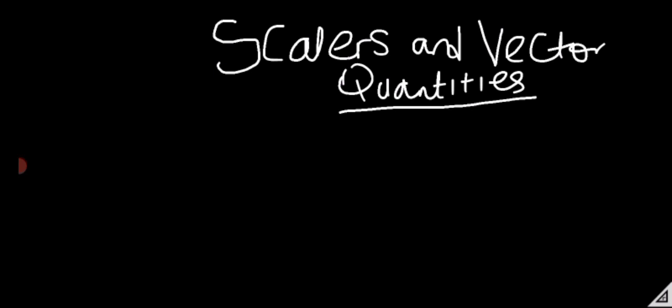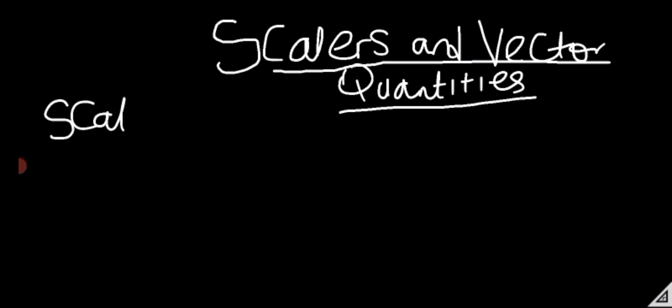So I would like you to understand that in physics there are two quantities that are very, very important. One is scalar quantity, and the other one is what? Vector quantities.